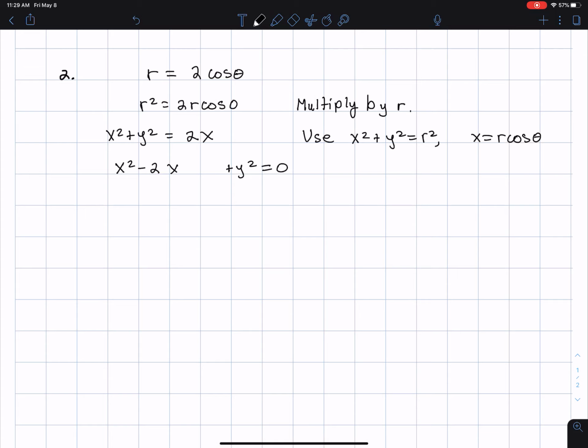All right, what we're going to do here is complete the square. So I have negative 2x, and I take that coefficient, divide by 2 and square it, and I get plus 1. So this gives x minus 1 squared plus y squared equals 0. And this is a circle.